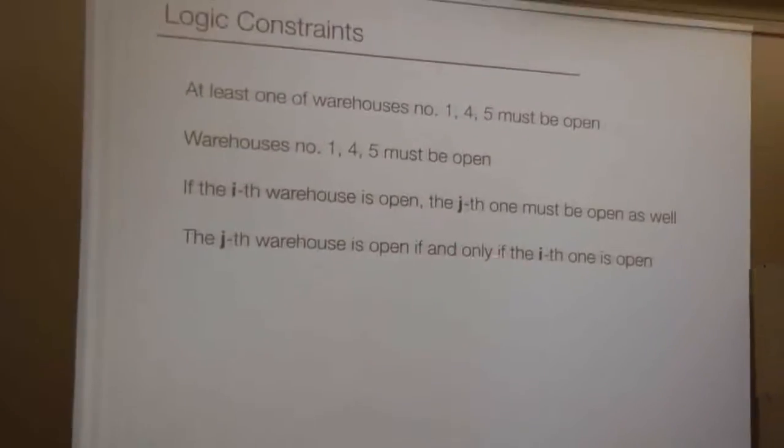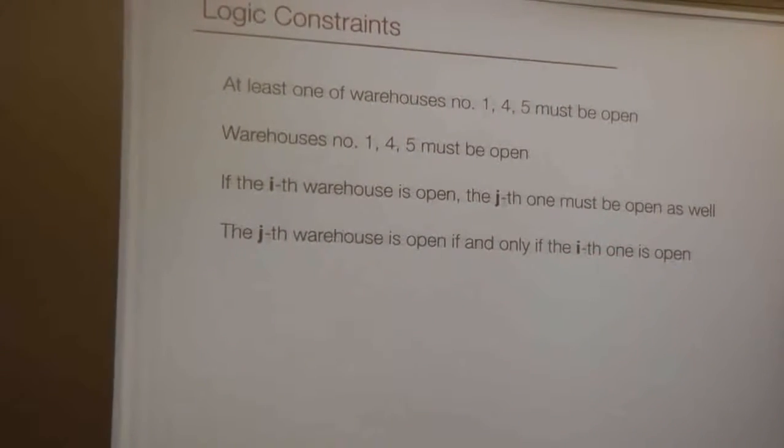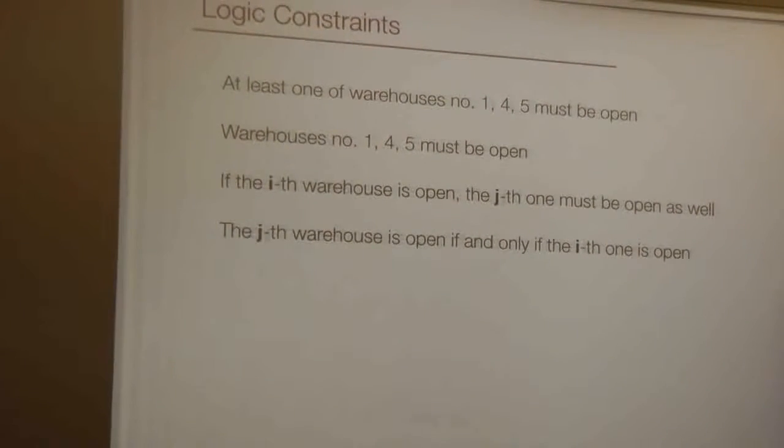We can do this: the j's one is open if and only if the i's one is open. So we are really doing both sides. We are saying if the i's one is open, the j's one will be open. If the i's one is closed, the j's one must be closed. So here it's really an equivalence that we need to add to our optimization problem. We might say this: the third warehouse can only be open if the first and the second one are open.